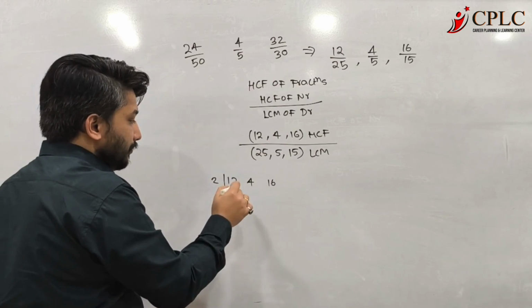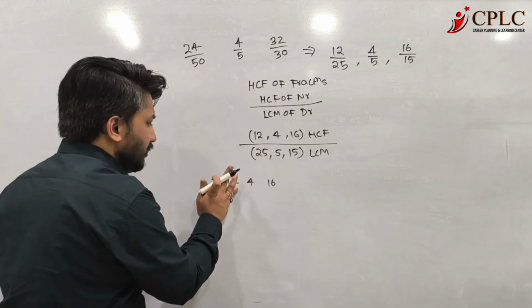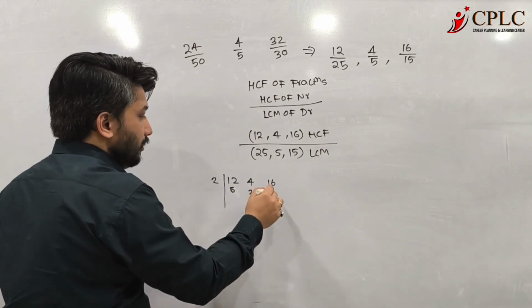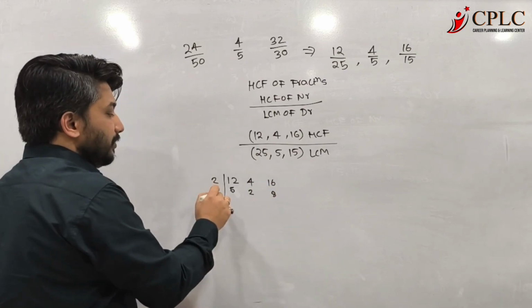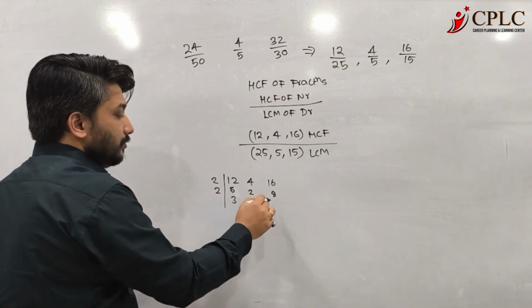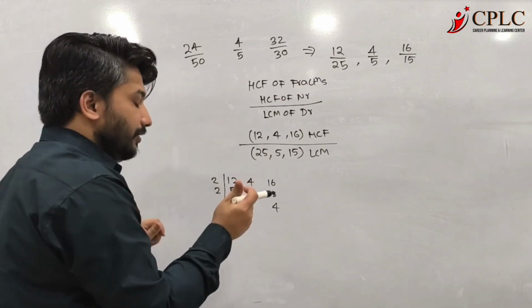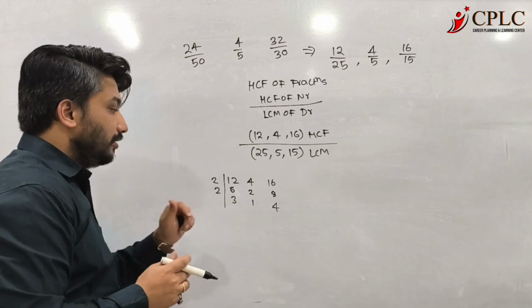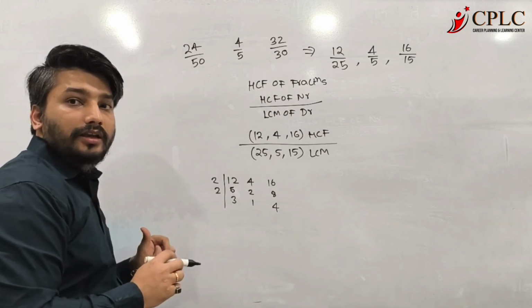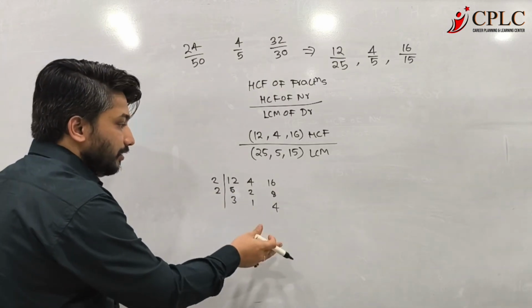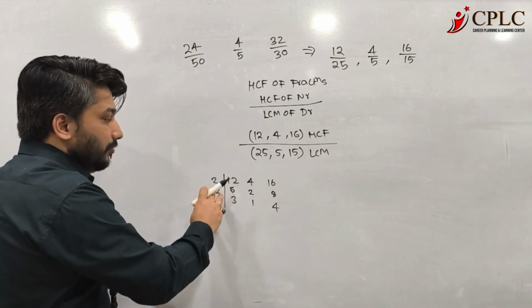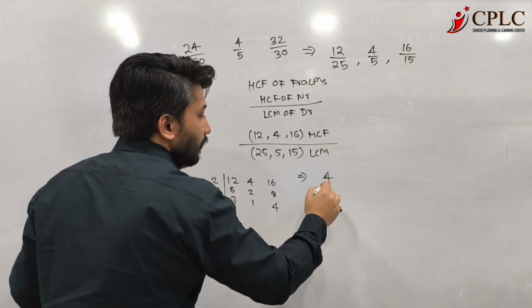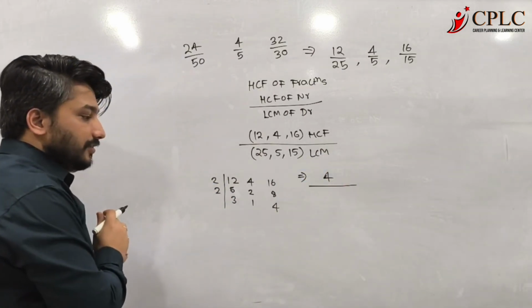When you do this calculation, let's very quickly, 12, 4, 16, the HCF, all can be divisible by 2. So 2 6s are 12, then 2 2s are 4, 2 8s are 16, again they are divisible by 2. So this is what we are left with. Now these numbers 3, 1, 4 are not all divisible by any particular number. So we will stop here. So when we multiply 2 and 2, we get the answer to be 4 for the HCF part.